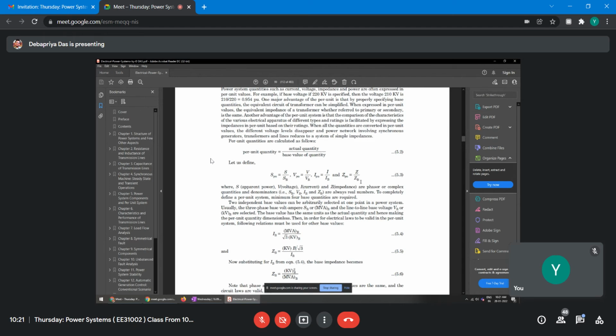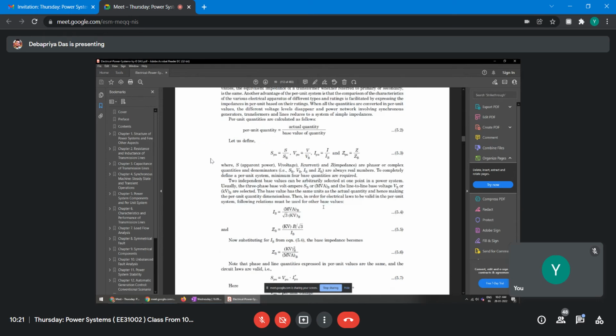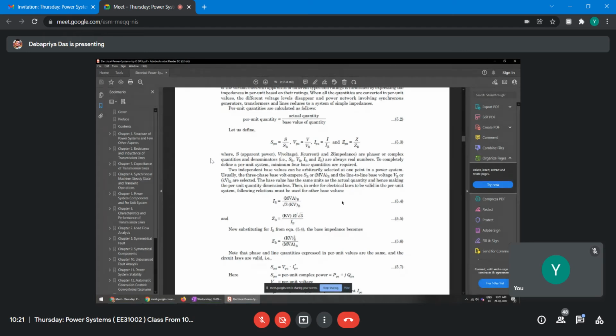Now how to do this? All of SB, VB, IB, where B stands for base, are always real numbers, right? Two independent base values can be arbitrarily selected at one point in a power system. You have to choose two things: one, the base voltage, and another, the base MVA.